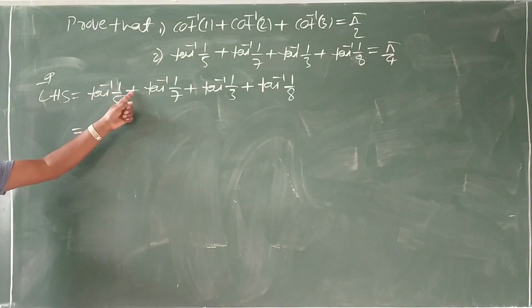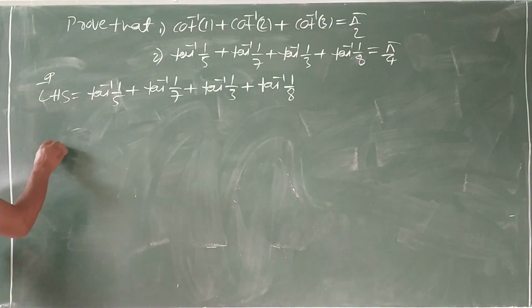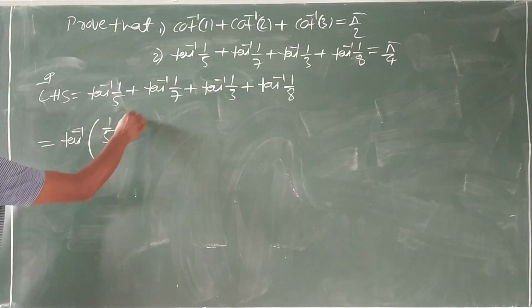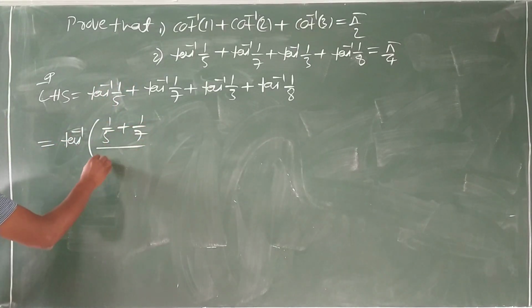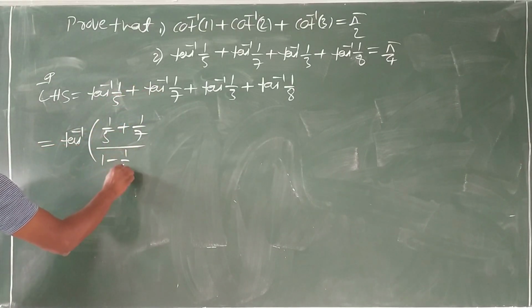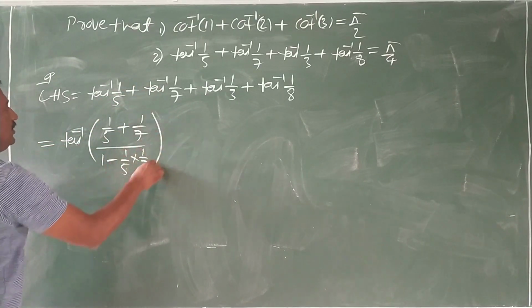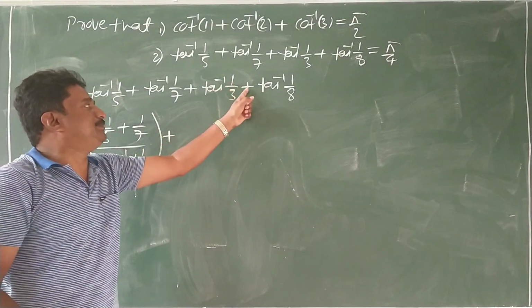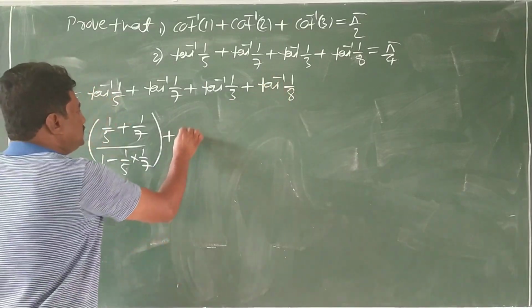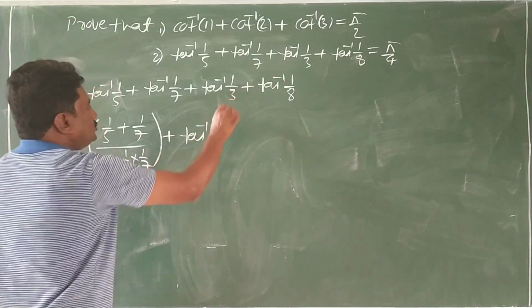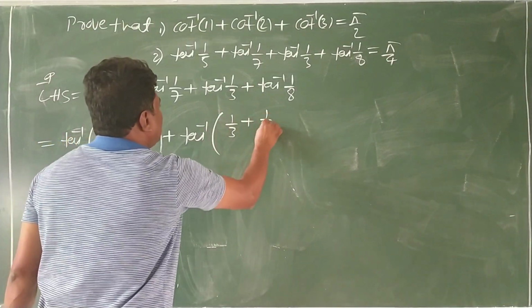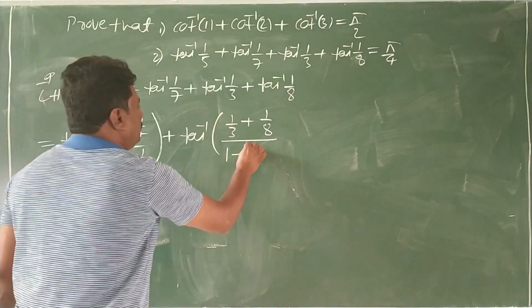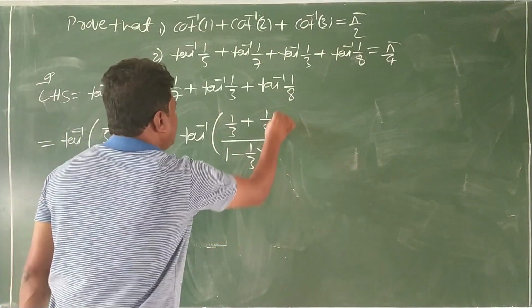Tan inverse x plus tan inverse y, tell me that formula. Tan inverse of x plus y, 1 by 5 plus 1 by 7, by 1 minus x into y, 1 by 5 into 1 by 7. Plus, again apply the formula for these two: tan inverse of 1 by 3 plus 1 by 8, by 1 minus 1 by 3 into 1 by 8.